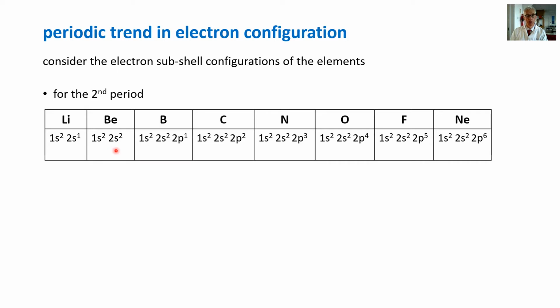Similarly for beryllium with 4 electrons, 1s2, 2s2. Boron with 5 electrons, 1s2, 2s2, 2p1. The s subshells are now full, so we go to the next lowest energy subshell, which is p. The p subshell has a capacity for 6, so that continues to fill until we get to neon.